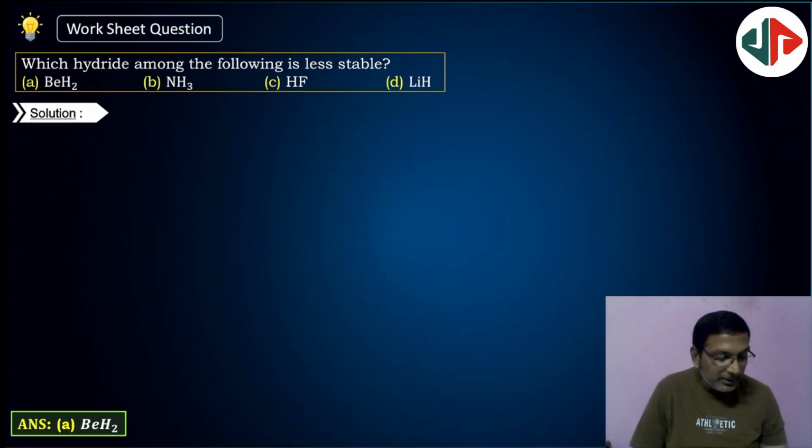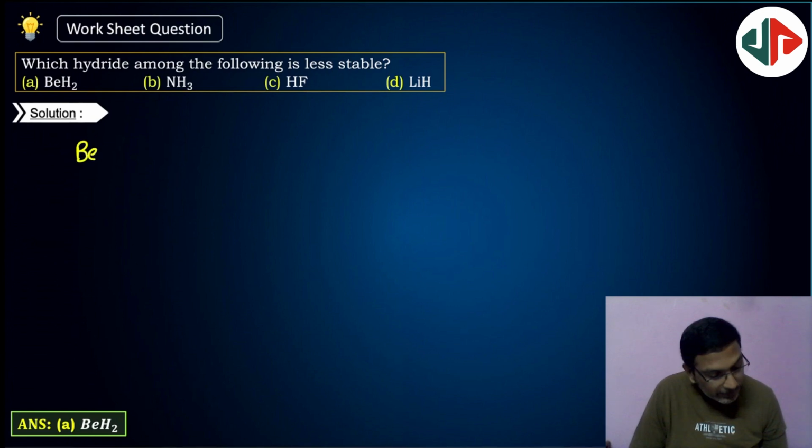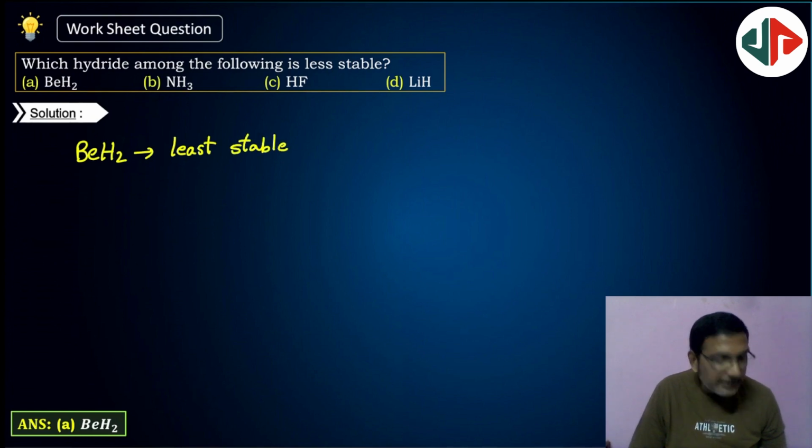which hydride among the following is less stable? So BeH2 is least stable. So because it is electron deficient.